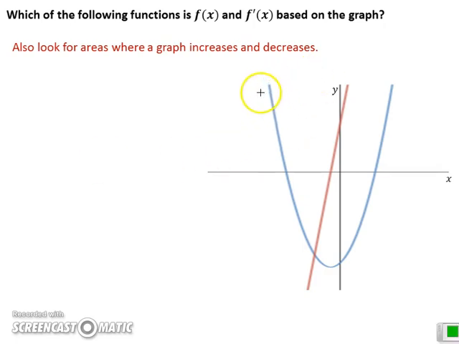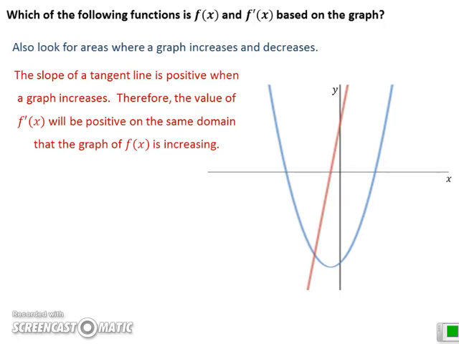This blue graph is decreasing all here. So all of these tangent lines are negative, which means its derivative will be negative. And over here, all these tangent lines are positive, which means its derivative is going to be positive.